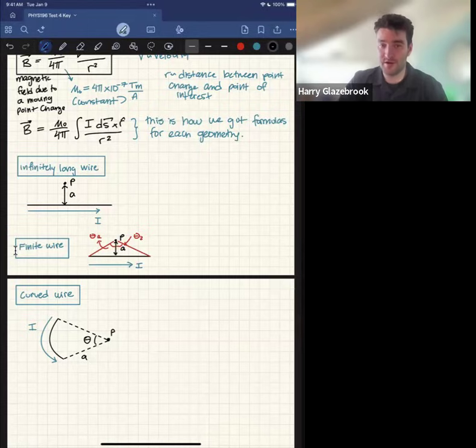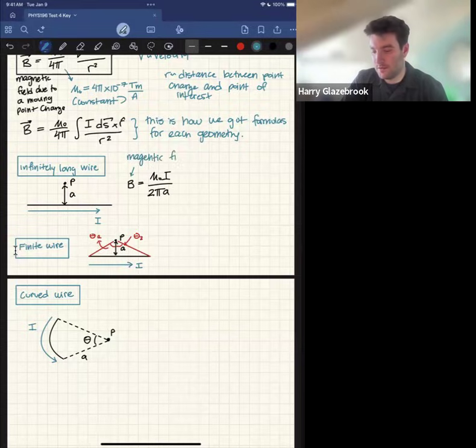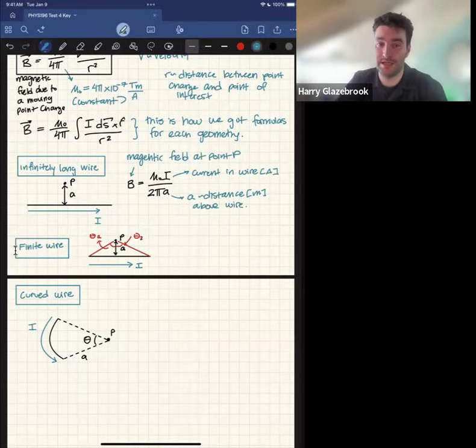So if you use Biot-Savart law, you're going to get that the magnetic field at point P is mu naught I over 2 pi A. Mu naught is just your constant. I is the current in the wire, units of amps. And then A is just distance in meters above the wire, or distance between the wire and point P.